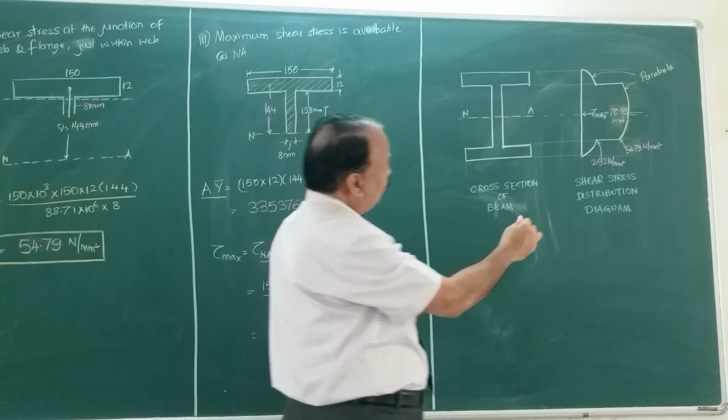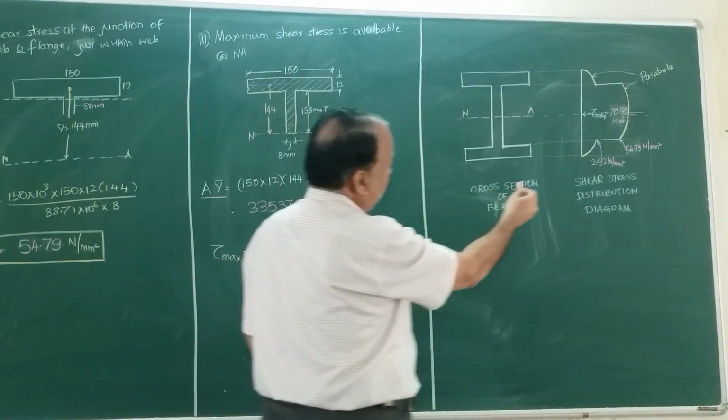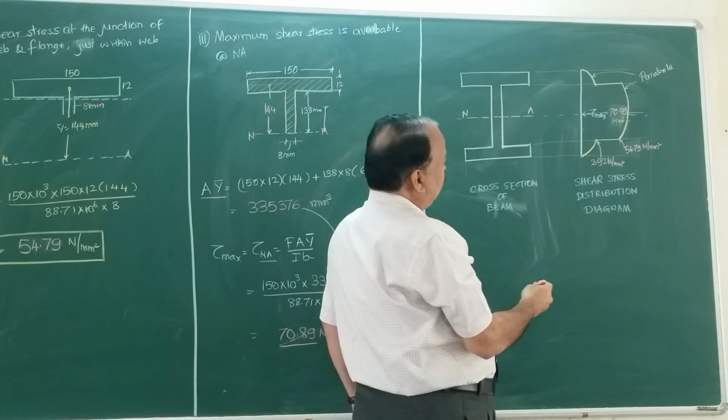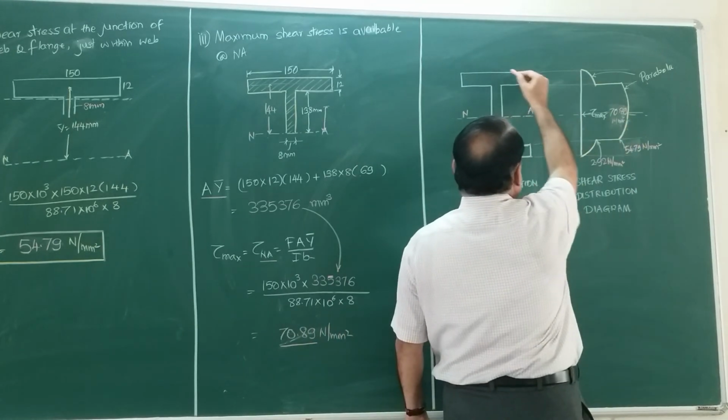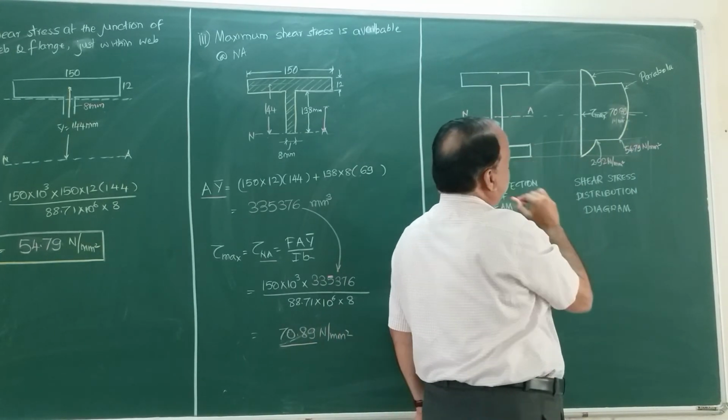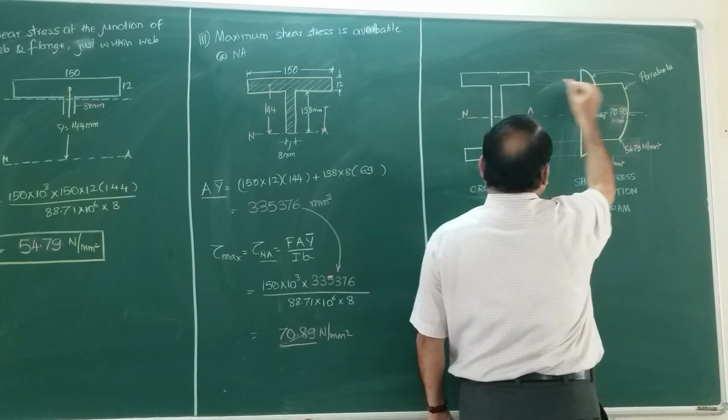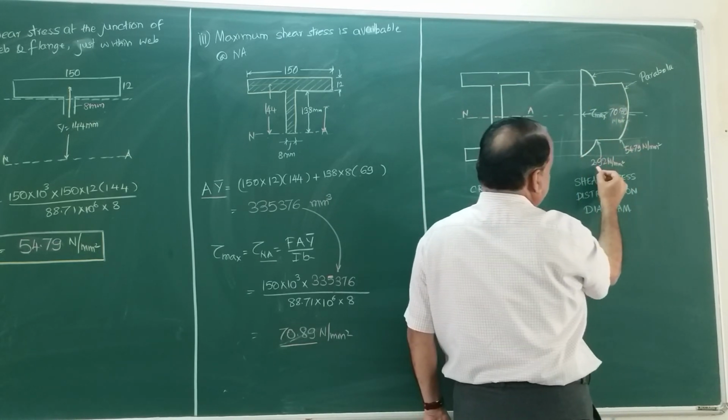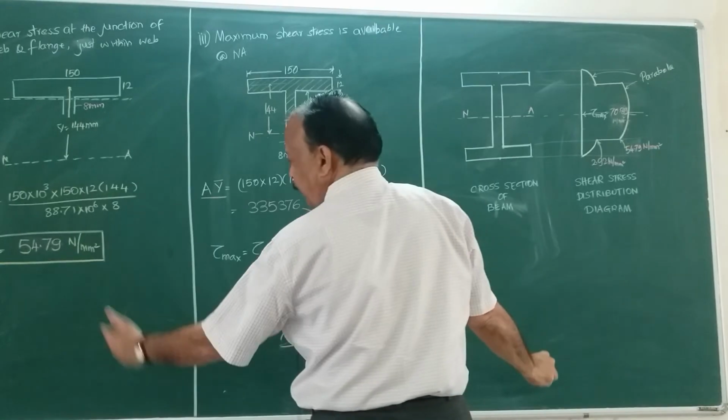After calculating all the stresses, we have to draw the shear stress distribution diagram. You can see at the top and bottom the shear stress is 0, and at the junction just within the flange the shear stress is 2.92 as calculated here.